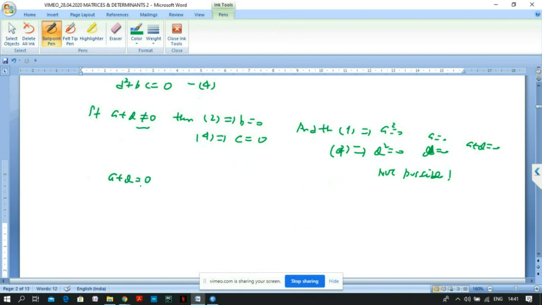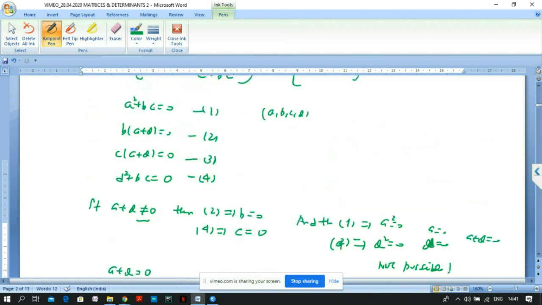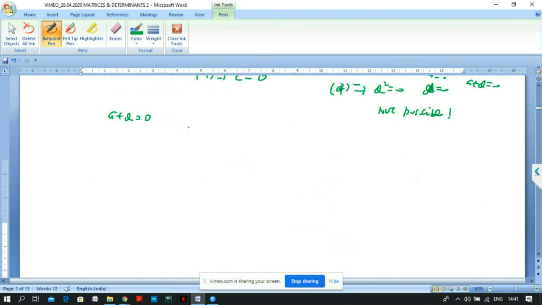And if a plus d is 0, then we can have things, because we will again start with this one, a square plus bc. So let's write a equal to alpha, d equal to negative alpha, and then a squared is alpha square, plus bc equal to 0. So we can choose b to be beta, c to be gamma, such that alpha square plus beta gamma equals 0.